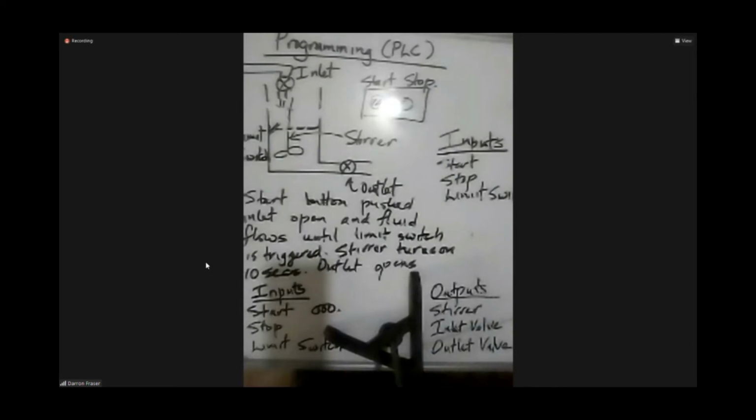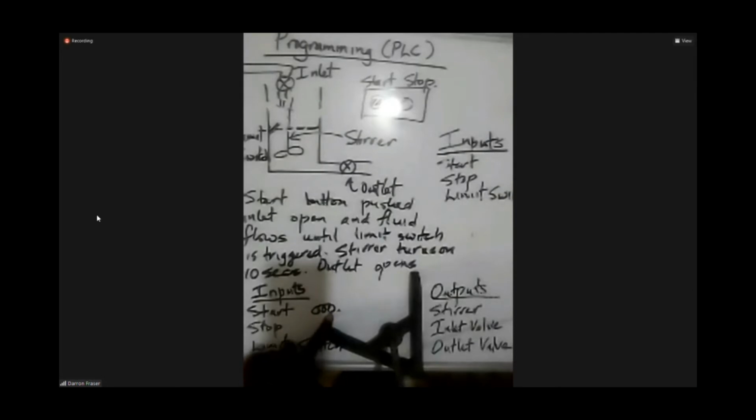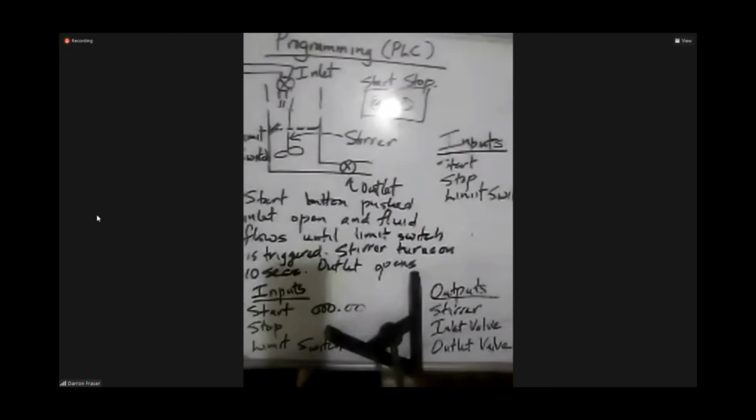Just to go aside, in Allen-Bradley PLCs, I represents input. But in CX-Programmer, in Omron, 000 indicates to the processor that it is an input. Each of these, the start, the stop, and the limit switch, has to be assigned a unique address. So we have 0, 0 as one address.